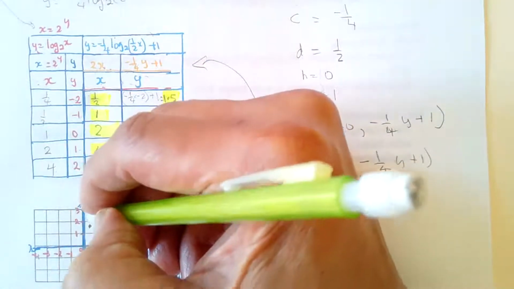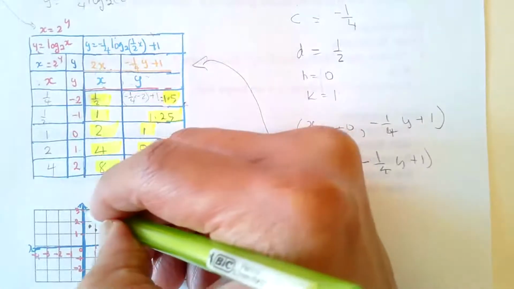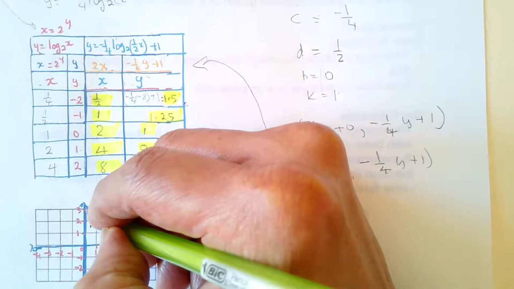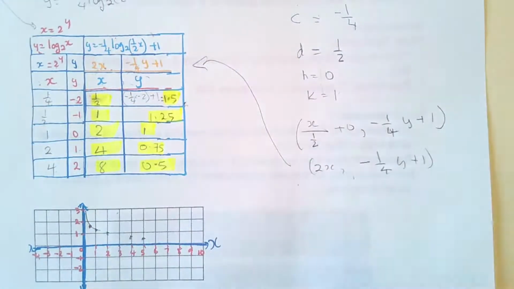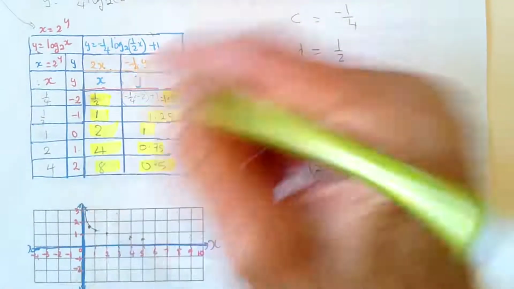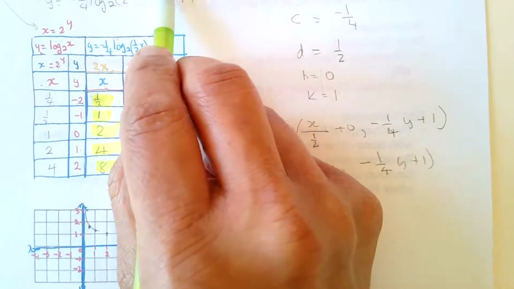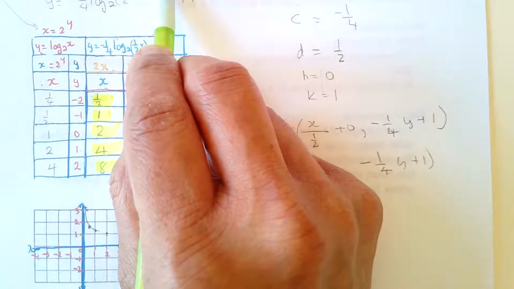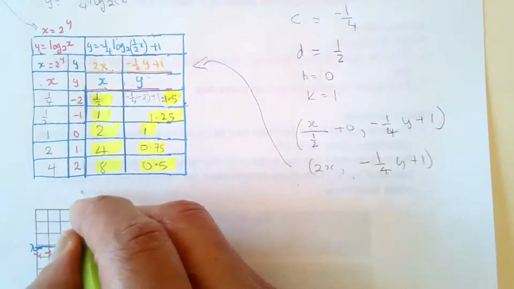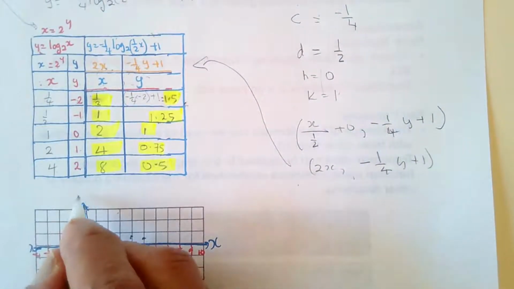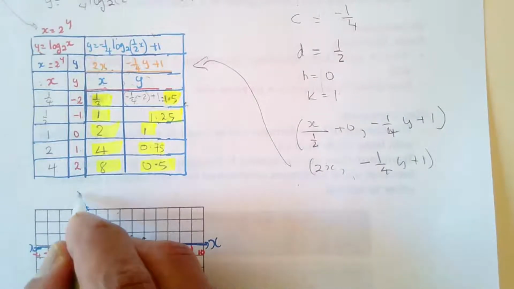So now we should have no y-intercept, by the way, because there's no horizontal translation, so the asymptote here is going to be x equals 0.